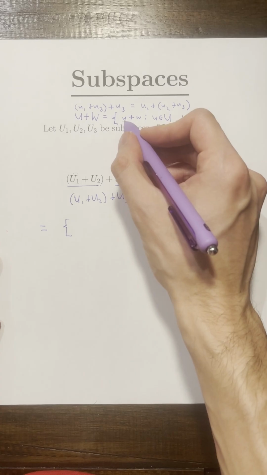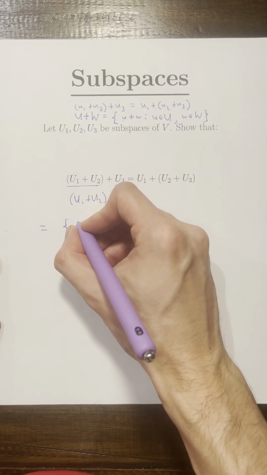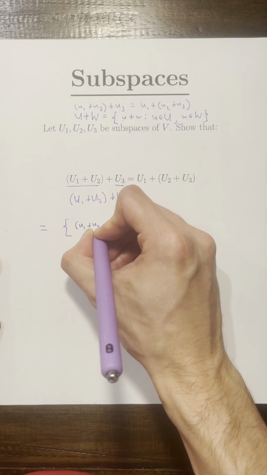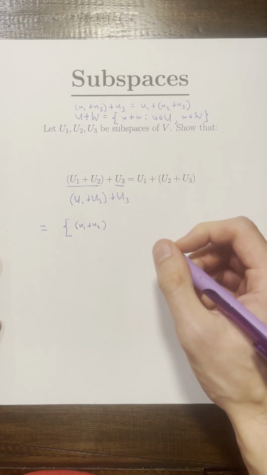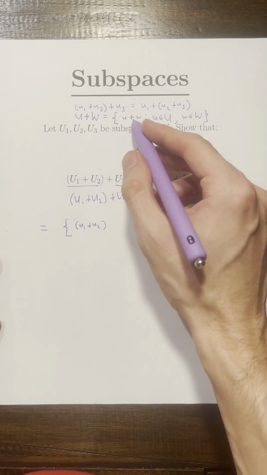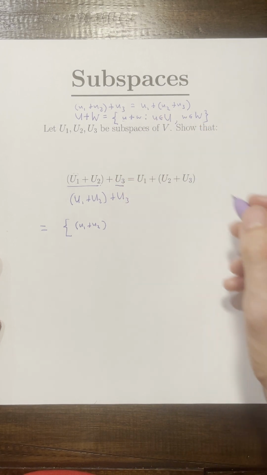Okay, so this is going to turn into u1 plus u2, and what's this going to turn into?